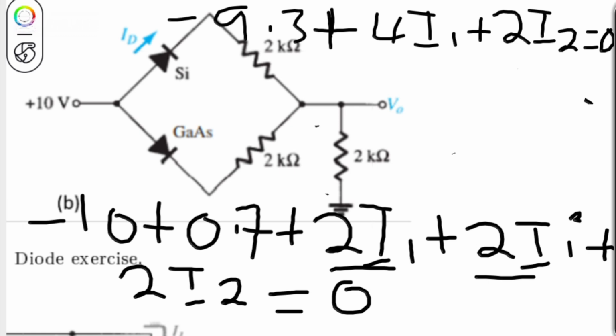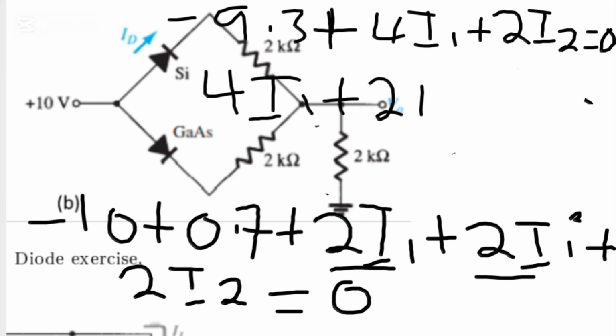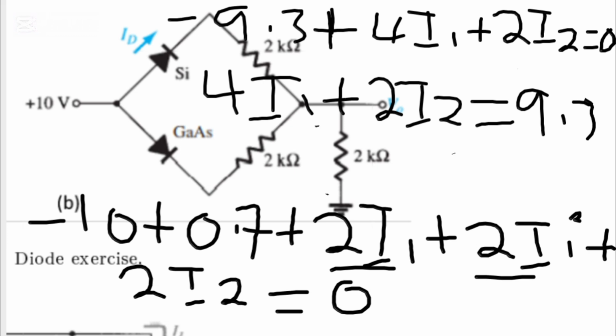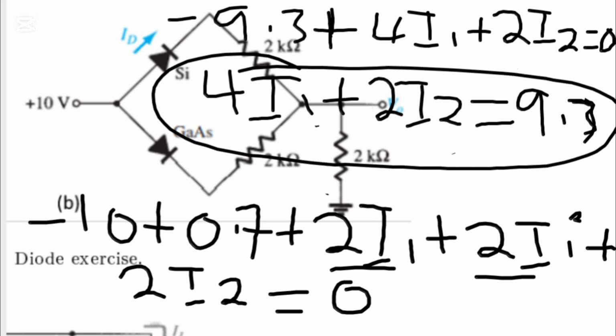This is equation 1, but before saying this is equation 1, kindly write this down because I1 comes first. So I have to say 4I1 plus 2I2, which shall now be equal to, when the negative 9.3 becomes a constant, it will now be positive, so I'll have 9.3. So this is the first equation. Please write it down because I don't have enough space.